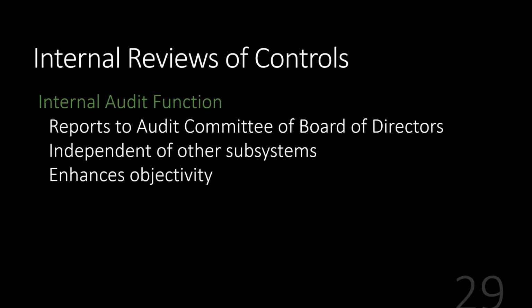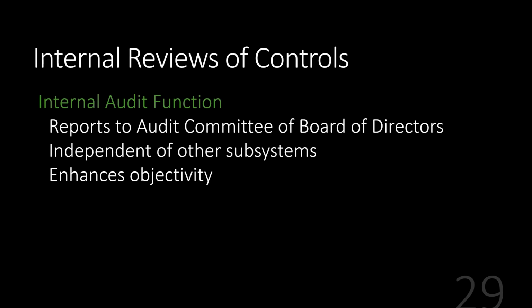From a review standpoint, the internal audit function plays a big part in that review of the controls. Internal audit, we'll get into this as we get into the audit chapter, but the internal audit function should not report to the CFO or up through the finance area.